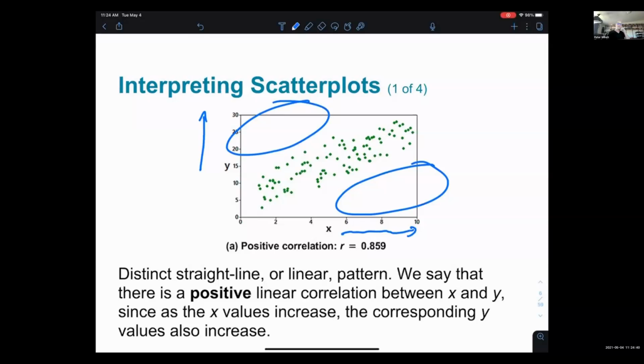And we call this linear in this case because even though it's not a nice clean line here, you can kind of imagine that there's sort of a line down the middle that would suggest what's going on. And so that's a simple starting example for us to see.